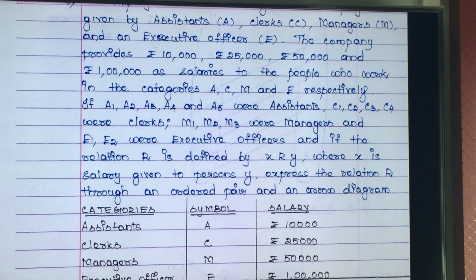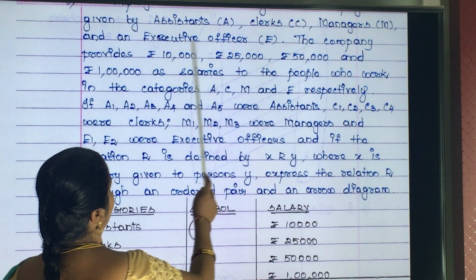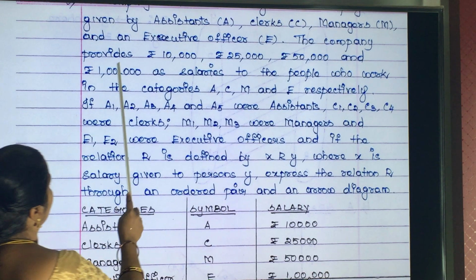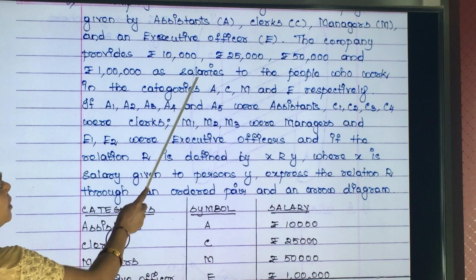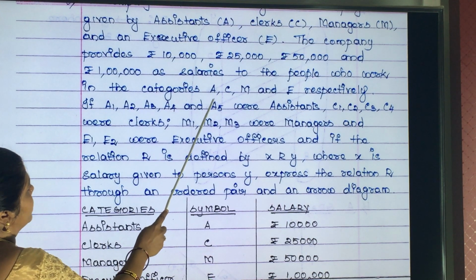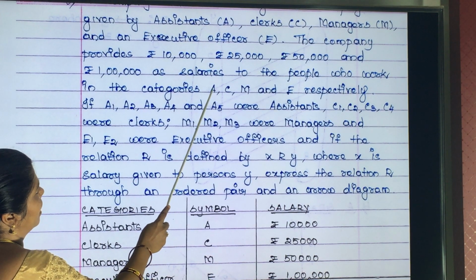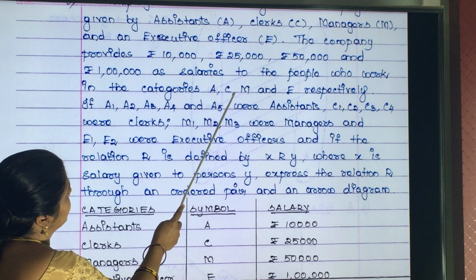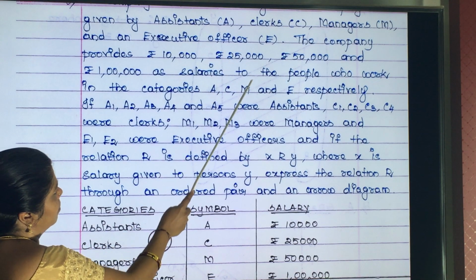And you all know that all will not receive the same salary. Here the company provides 10,000, 25,000, 50,000 and 1 lakh as salaries. First comes the assistant. Assistants will get 10,000. Next, clerks will get 25,000.